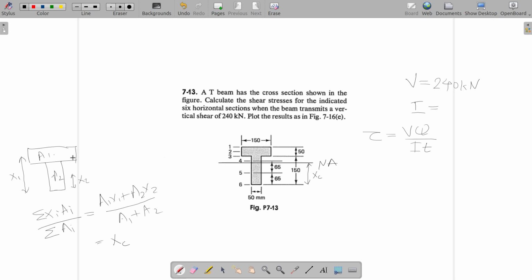Again, you need to find the area moment of inertia of individual rectangles about their own centroids, and then find the area moment of inertia of A1 and A2 about the neutral axis, and simply add them up.